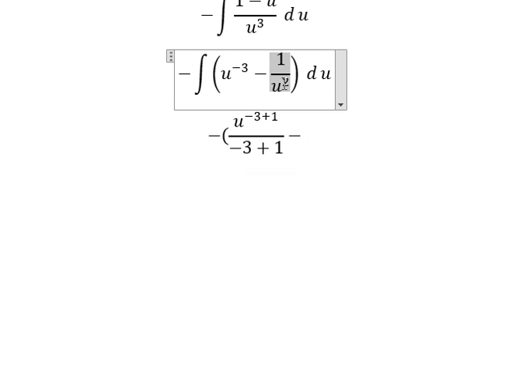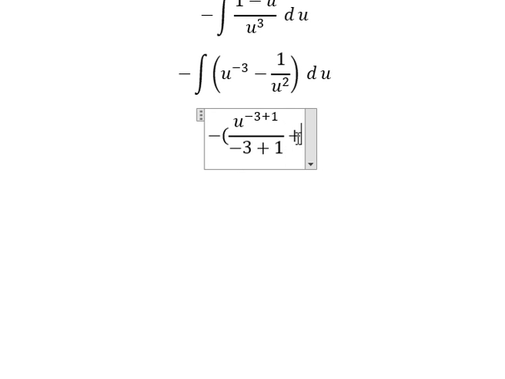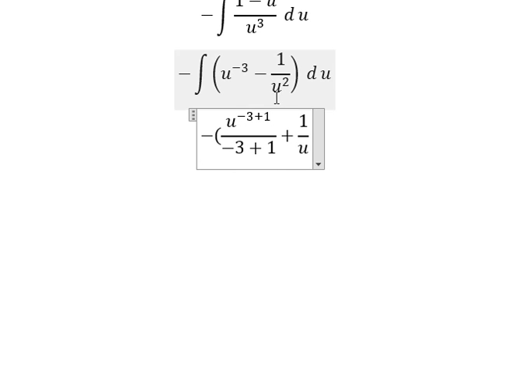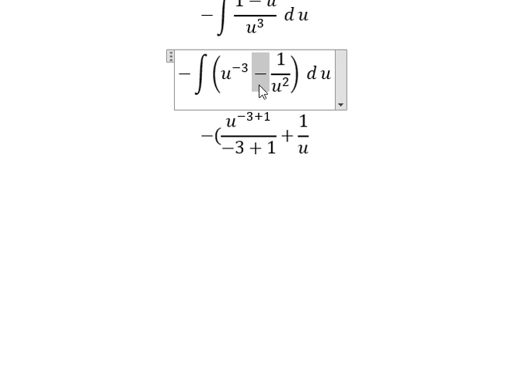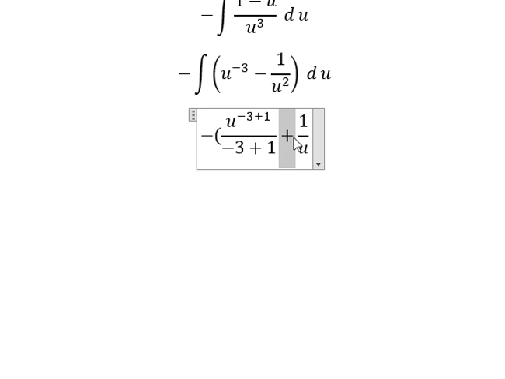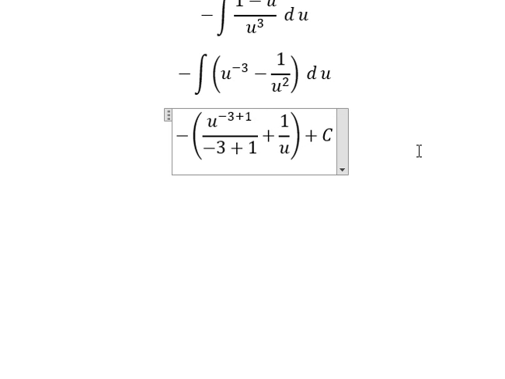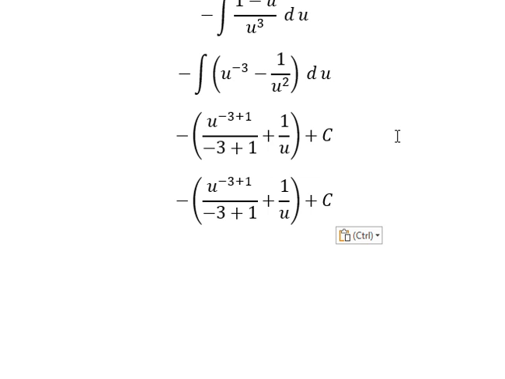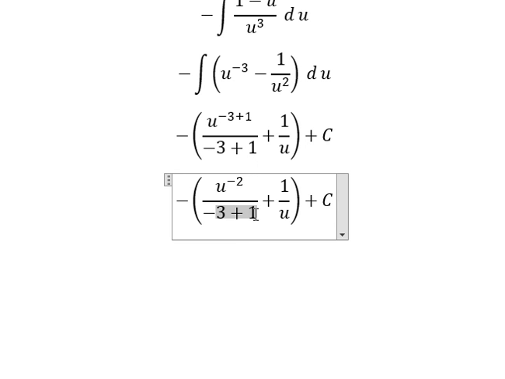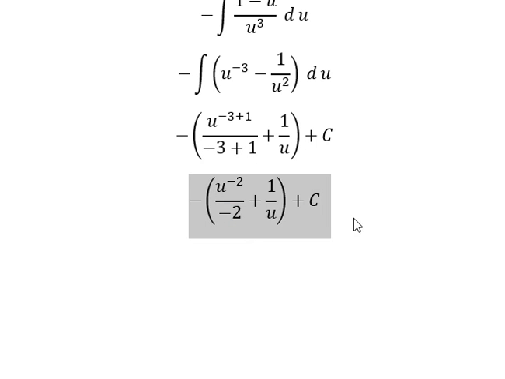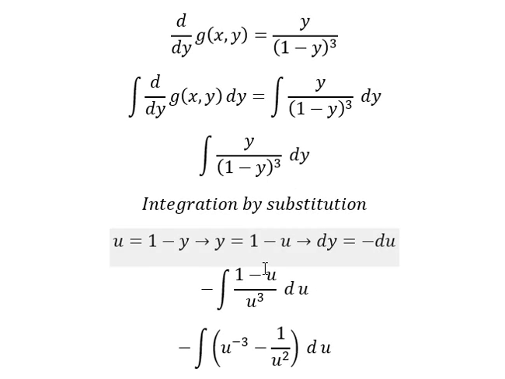The integration of this one, we have positive 1 over u because we have negative 1 over u, but we have another negative, that's why we have positive. This is about negative number 2, negative number 2. About u, that is about this one.